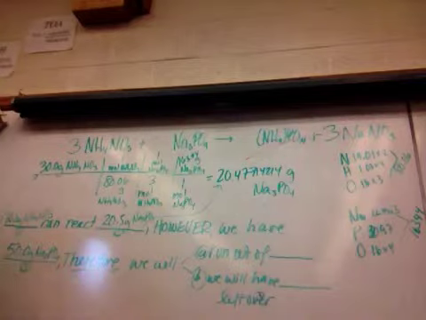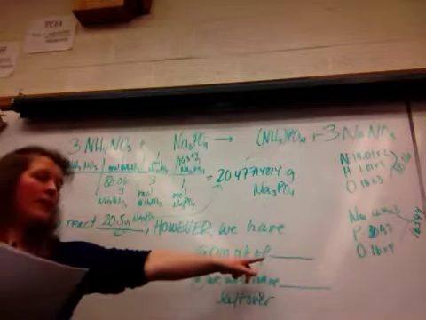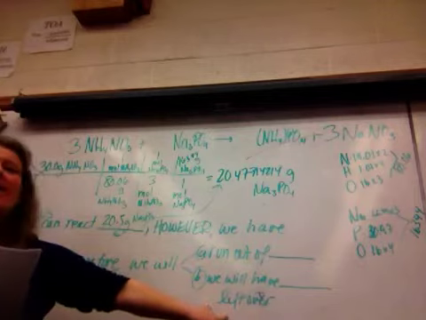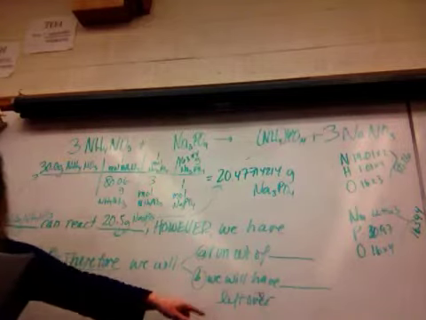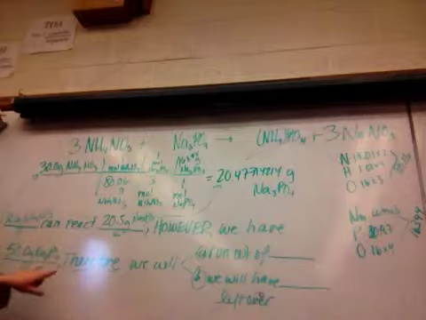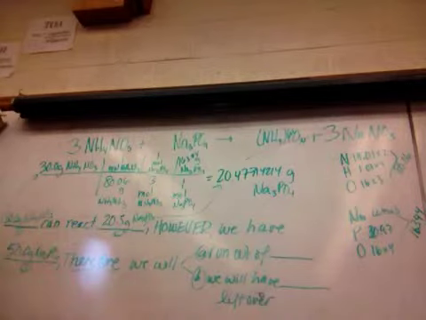Therefore, are we going to run out of sodium phosphate, or will we have leftover sodium phosphate? We're going to have leftover. We've got more sodium phosphate than we need.